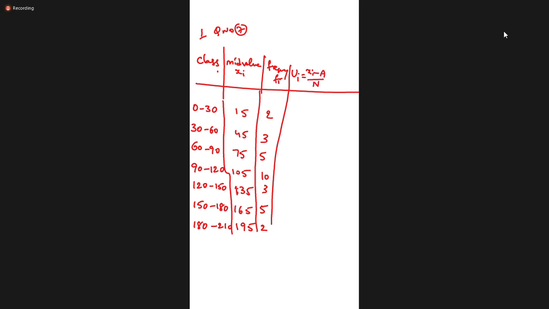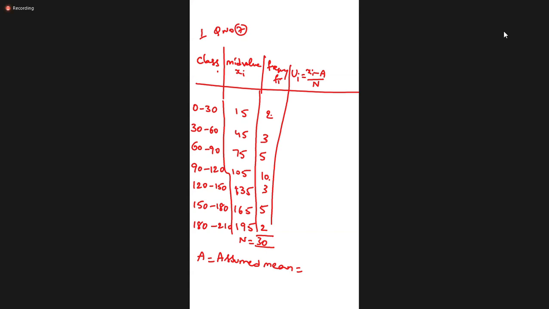This is the formula. N means the sum of the frequencies, which is 30. What is A? A means assumed mean.